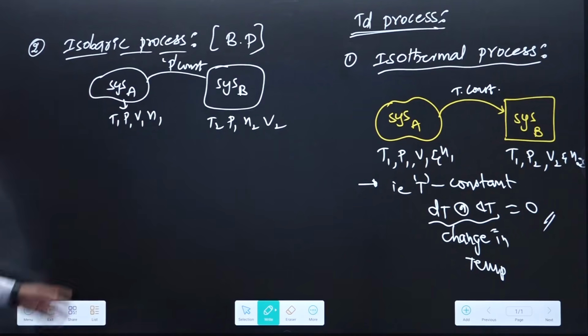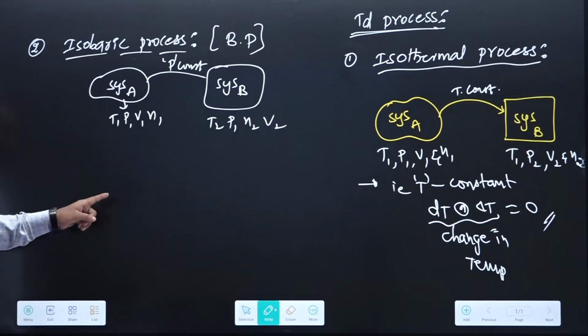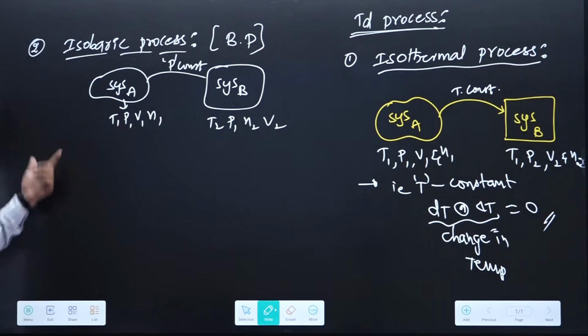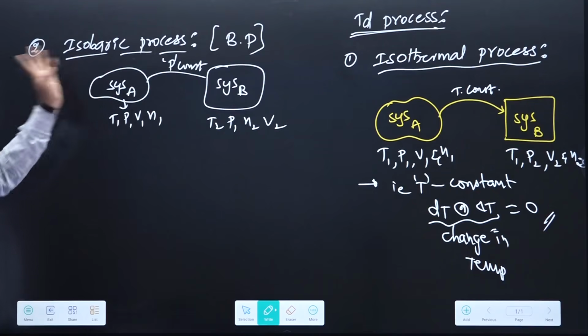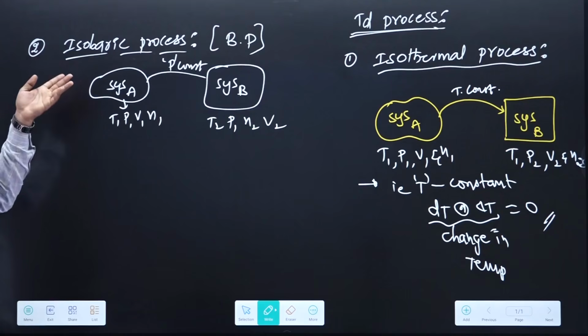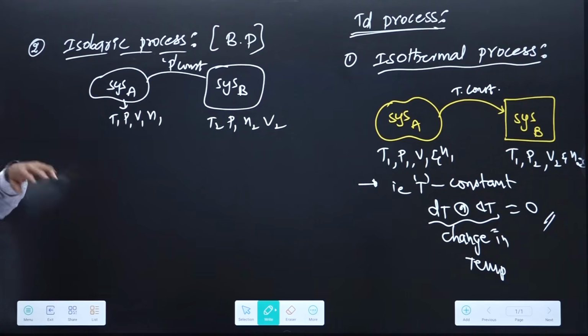Except pressure, all the remaining ones will change. So one parameter is constant and all the others change. With respect to that, we have to see which one is kept constant, and based on that we say what the process is.